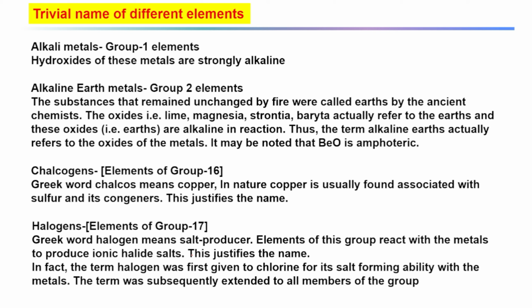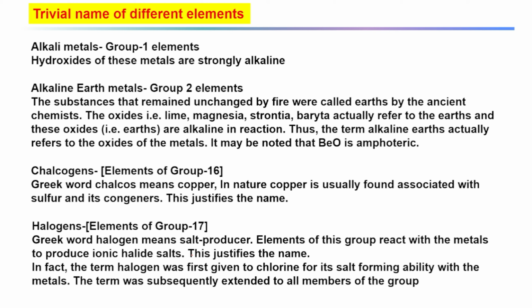So the group 2 elements have oxides that are also alkaline in nature. Thus the term alkaline earths actually refers to the oxides of the metals.